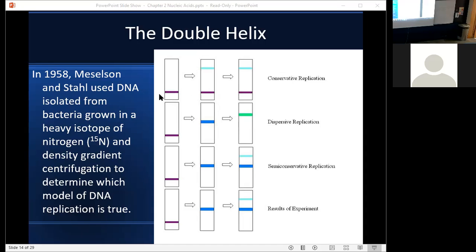So at the 0 time point, after the bacteria had been grown in heavy nitrogen medium overnight, we would expect just 1 band. Okay, first let me explain what they're doing here. This is density gradient centrifugation. Let's go back to the board.